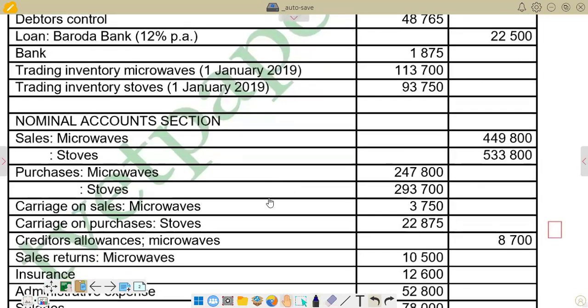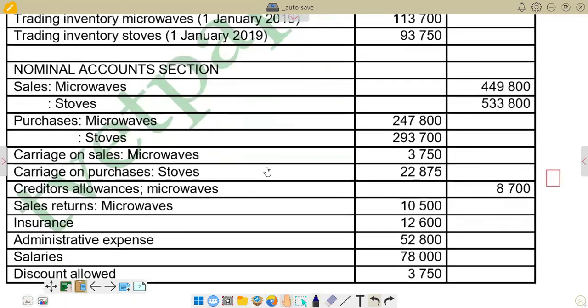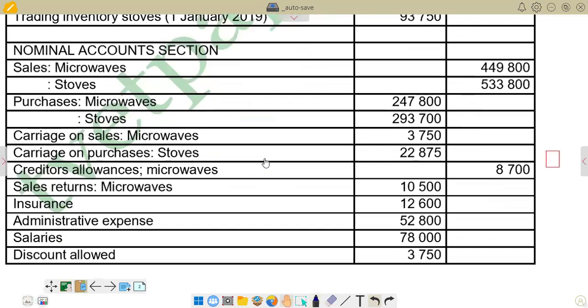let's try to see, we have some sales returns of 10,500. This 10,500 indicates our sales returns, which we have to deduct from the sales for microwaves.